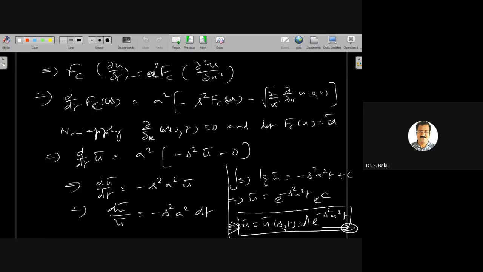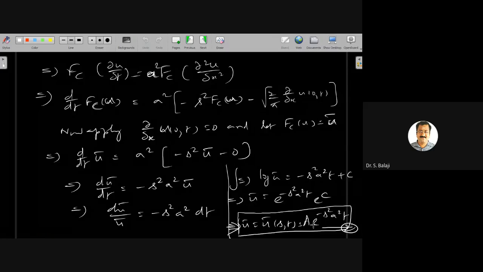I'll take e power c as A, so u bar equals A e power minus s square a square t. So this u bar is nothing but u bar of s comma t. This is the second equation.